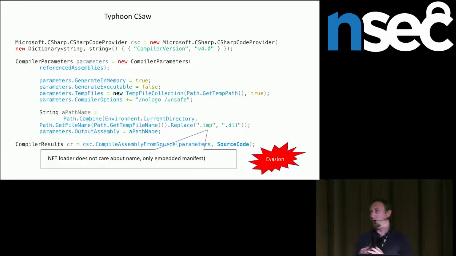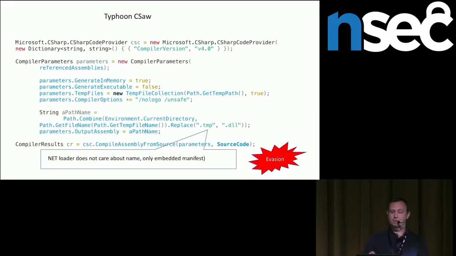Do you want to compile it in memory? Do you want to compile and drop the executable on disk? Where are your temp files going to be stored? And what are the compiler parameters that you're going to pass to the compiler to accomplish your goal, specifically for REPL, right? So many things can go wrong here, so let's dive in and unpack what can go wrong and how we can actually do this.